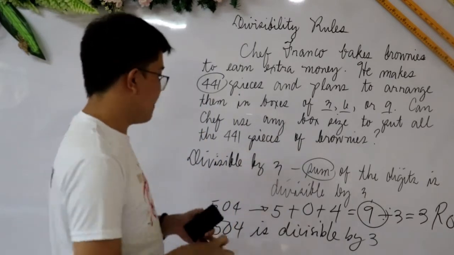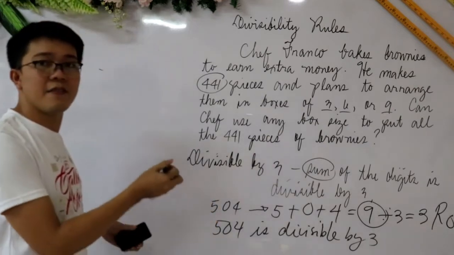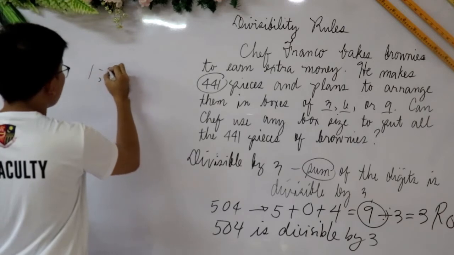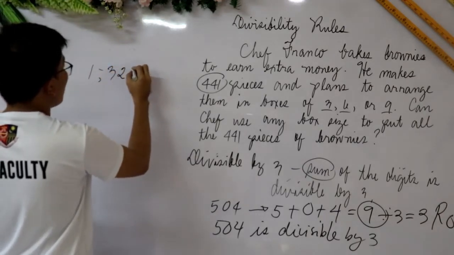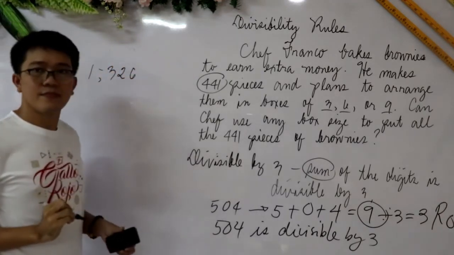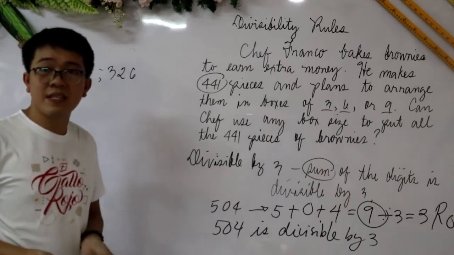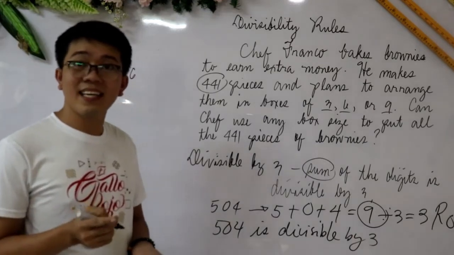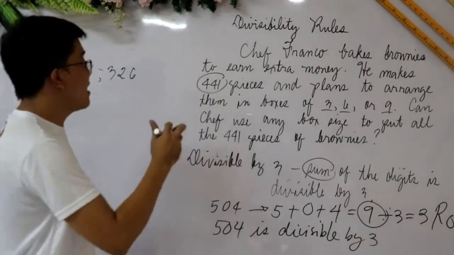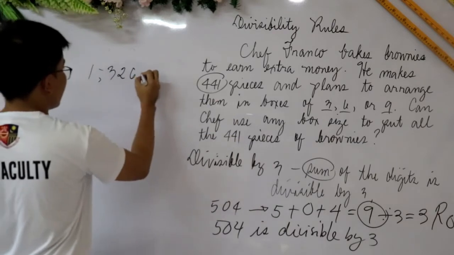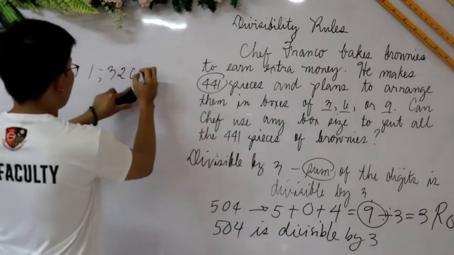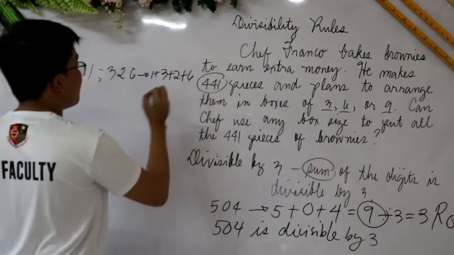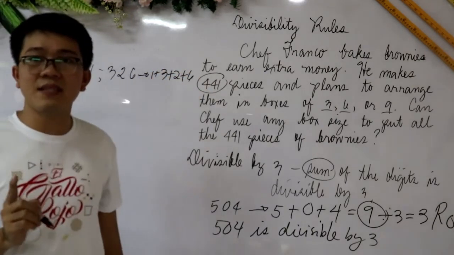Another example. I have here 1,326. Do you think this number is divisible by 3? Let's find it out by adding all the digits. I have here 1 plus 3 plus 2 plus 6. Now what do you think is the sum?